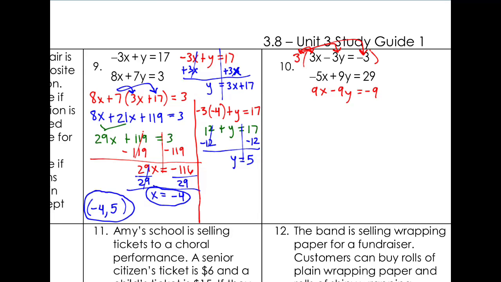And so now we're able to eliminate one of our variables, the 9y, or the y rather. And so we combine like terms. So we have a 9x and a negative 5x. That's going to be 4x left on this side. And then you have a 29 minus 9, of course. It's going to leave you with 20. Last step is to divide by 4. That's opposite of multiplication.